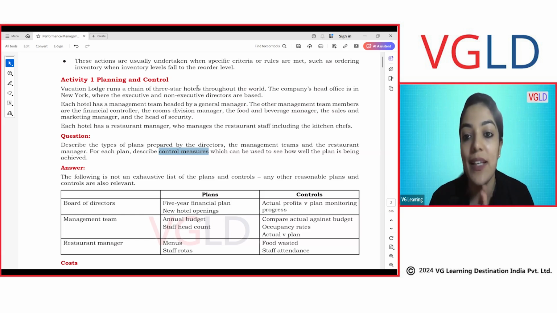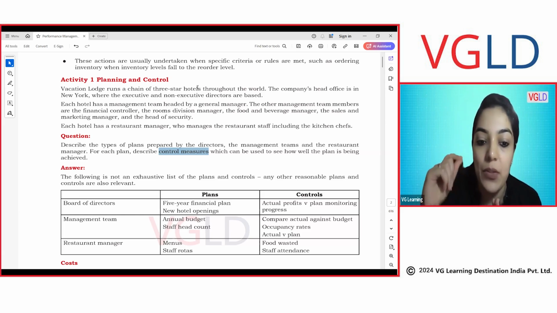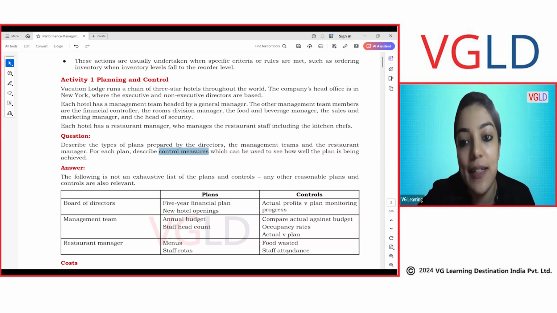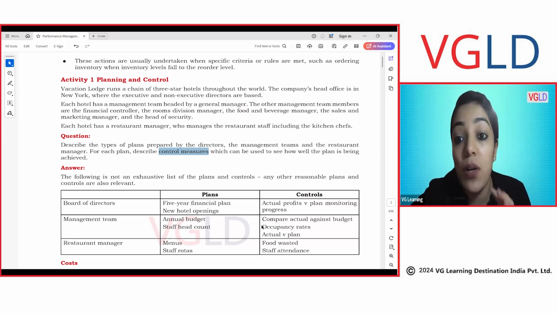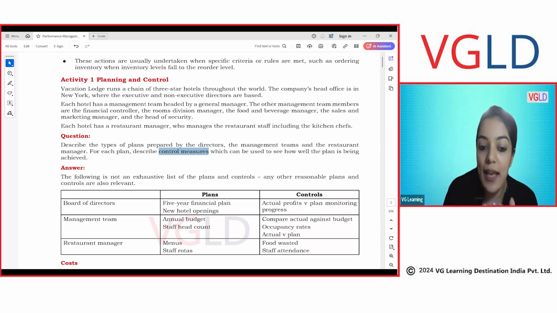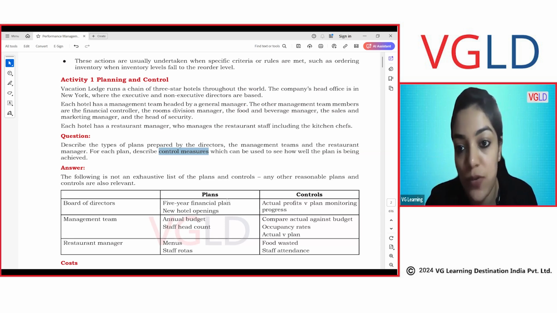Staff turnover. Okay, so these points now, these are not specific to any one, maybe to the management team or to the restaurant manager. So something can be a point for both of them also, like staff attendance, because who will be the people who are working on the ground? It is the restaurant team, correct? So therefore, staff attendance, it will come under staff turnover. If people are leaving, that will come under management team, and then of course operational also, because it is the people who are working in the restaurant and there are restaurant managers also.